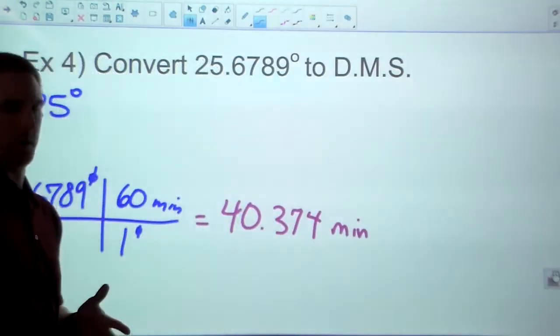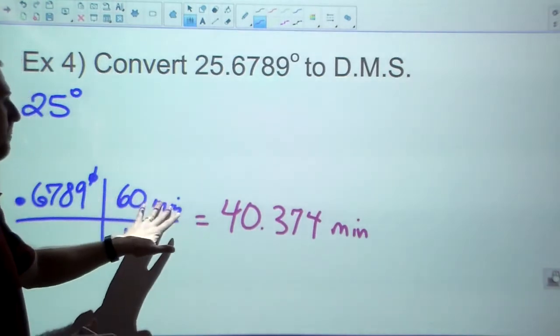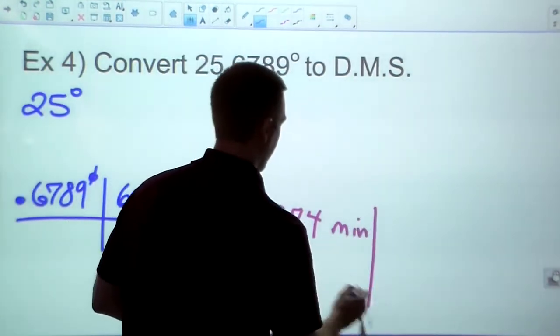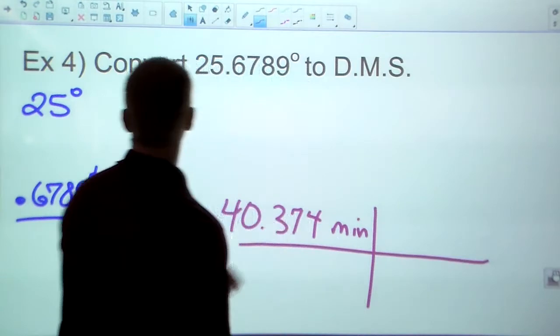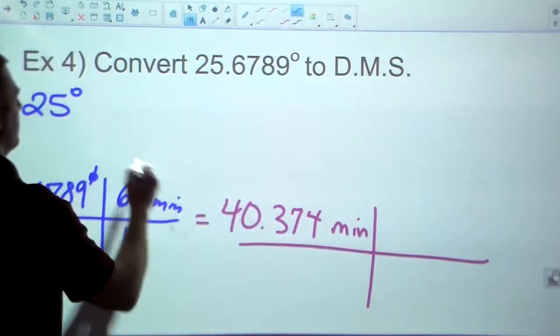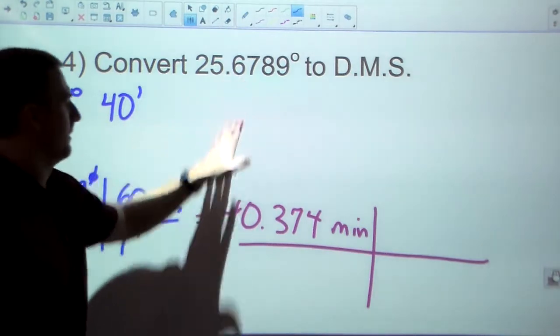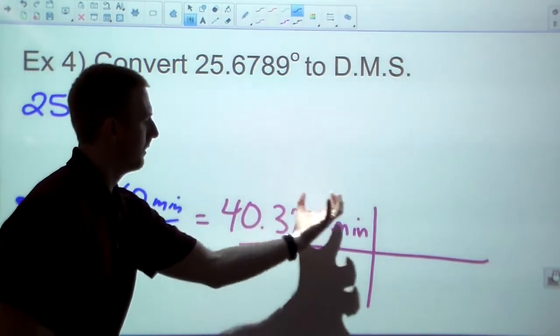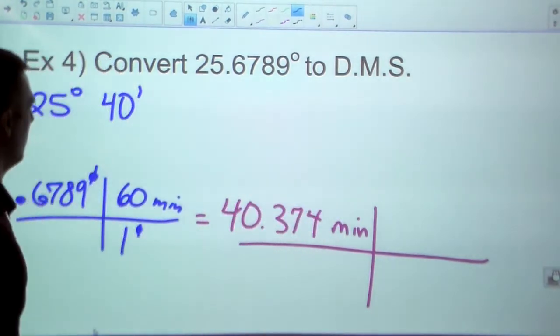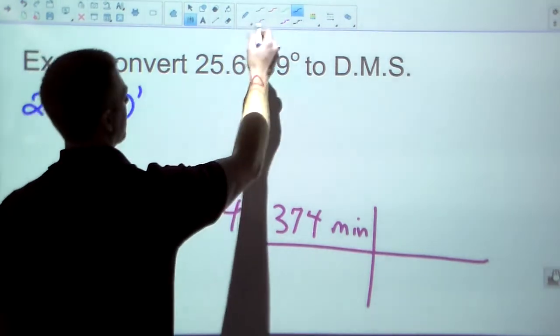Units are very important here. So we converted this to minutes now. And finally, I want to take this to seconds. So before I actually write that down, I'll go ahead and add the minutes part. We do have 40 minutes out of that decimal. And then there's this other amount left over. So what I'm going to work with is just that decimal part.